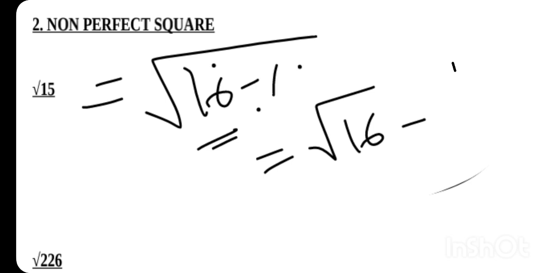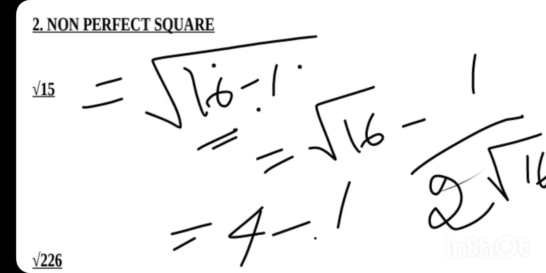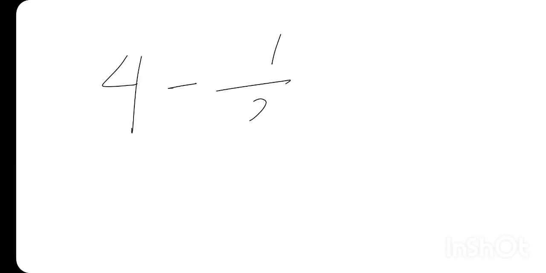So we will put the value of y, which is 1, and the number as we have seen in the formula. So we will get 4 minus 1 by 2 into 4, that is 4 minus 1 by 8.